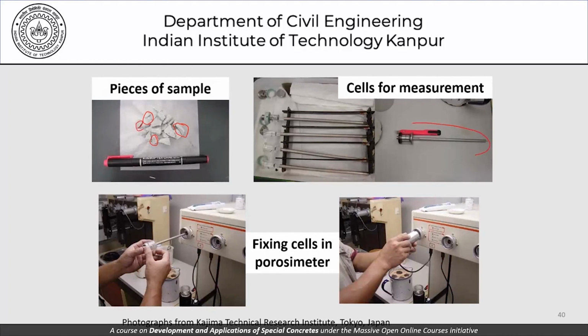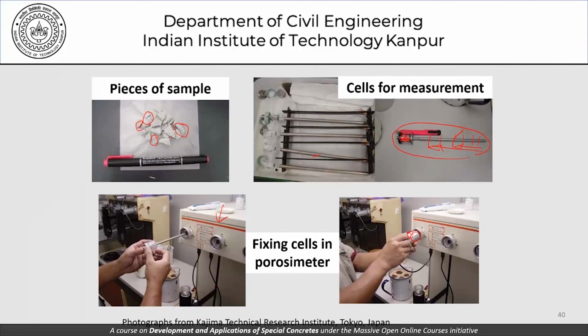These cells have the cell and this stem, and the samples are placed inside this stem, and these cells are placed inside this machine here, locked up, and then mercury is filled into these cells, and finally the pressure is applied to measure how much mercury intrudes into the samples which have been placed inside this cell.